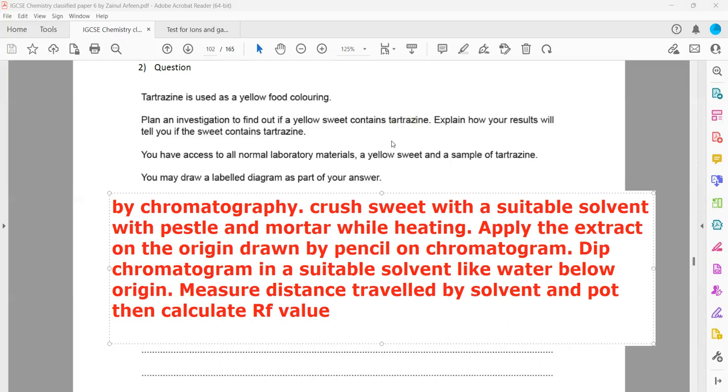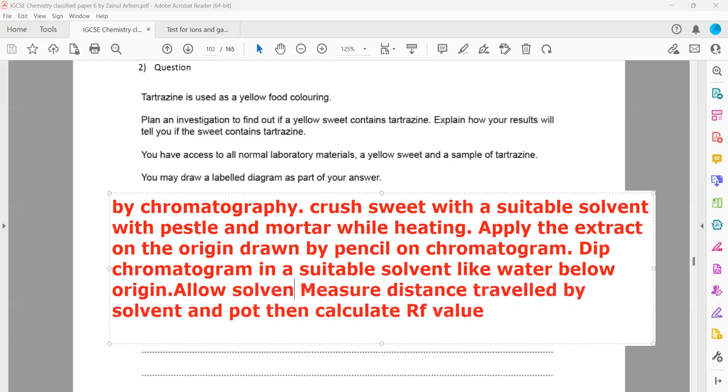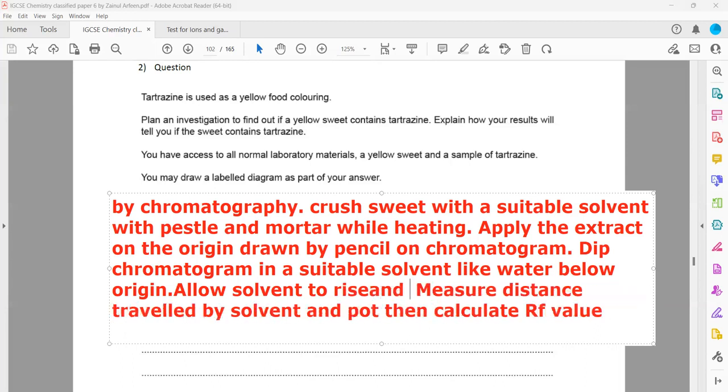So apply the extract on the origin with a pencil, then place the chromatogram in a suitable solvent, which should be below the origin. One more thing you have to mention is to allow the solvent to rise, and measure the distance traveled by the solvent and the spot.